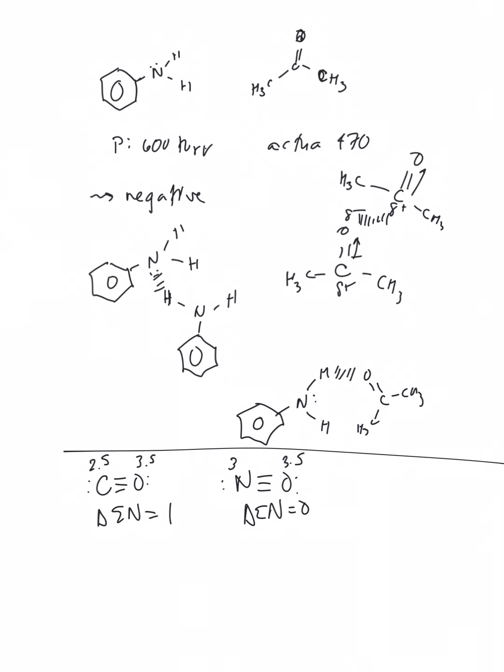You have to tie in the fact that the electrons are more unevenly distributed in CO than NO, and so CO is going to have bigger dipoles. In fact, NO is really at the border of what we would consider almost nonpolar.